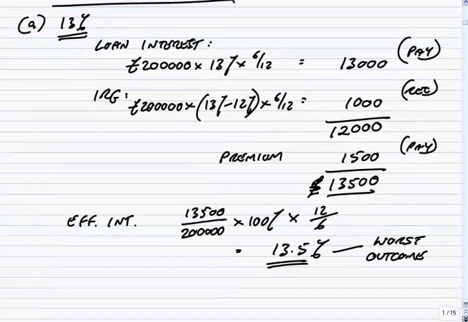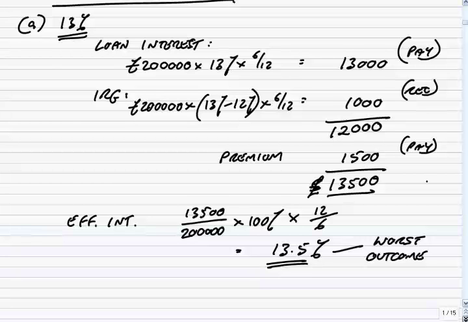For every percent the interest rate is above 12%, I'm not going to redo it, obviously, but if the actual interest turned out to be 14%, 15%, we get more and more back on the IRG. So the net result, the worst that could ever happen, is we pay a total of 13,500 or 13.5%.